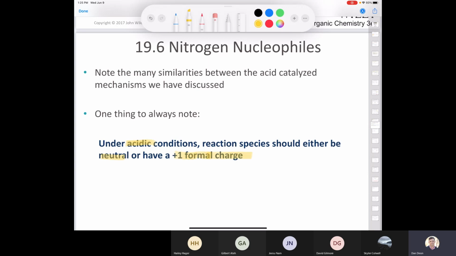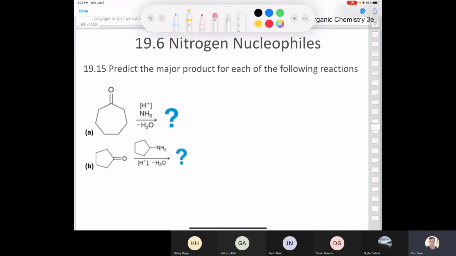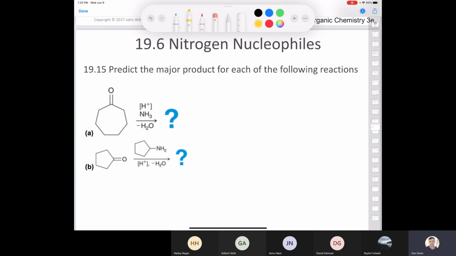Okay, if you end up with something that overall is negative, you have gone down the wrong path. You remember those Choose Your Own Adventure books? Well, you've chosen the wrong path. Okay, you're in the wrong spot. You always want to have something that's neutral or positively charged. With all that in mind, I think the best thing you can do with nitrogen nucleophiles would be to train your eye to recognize what's going to happen.